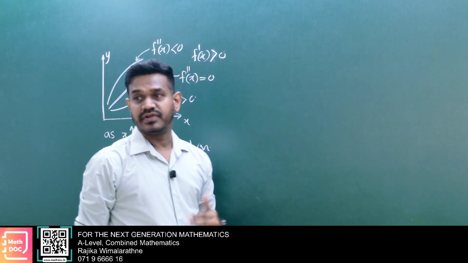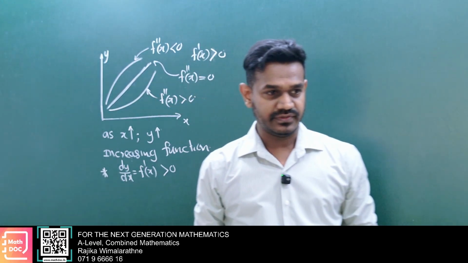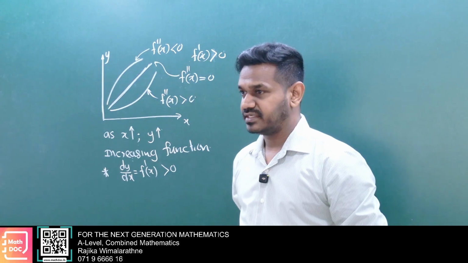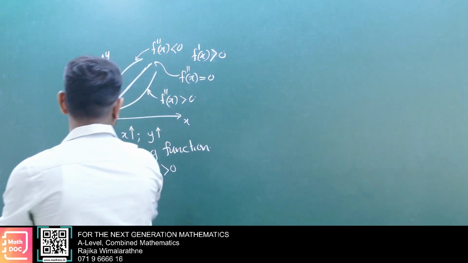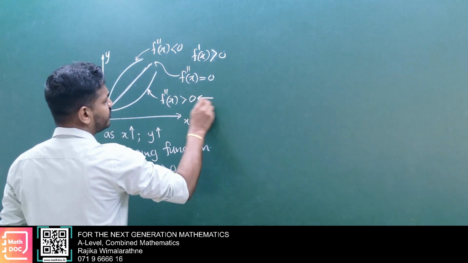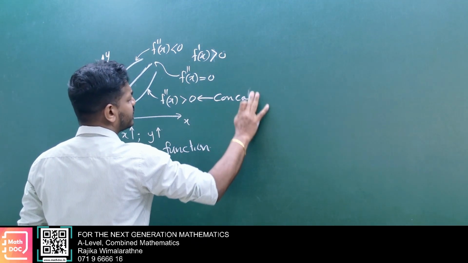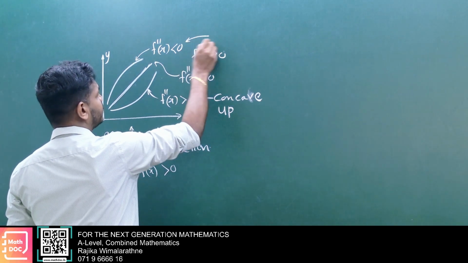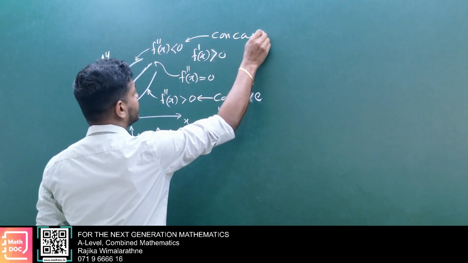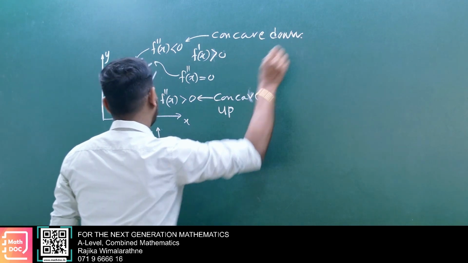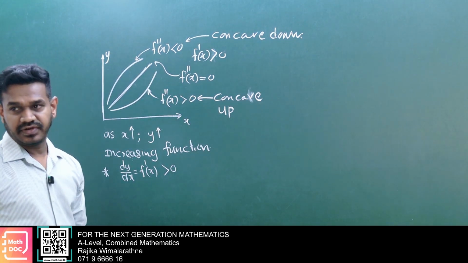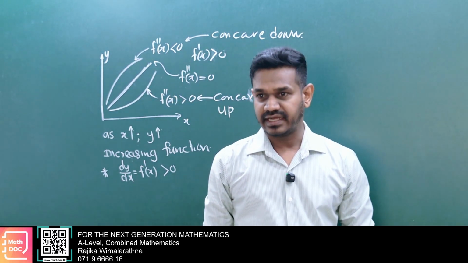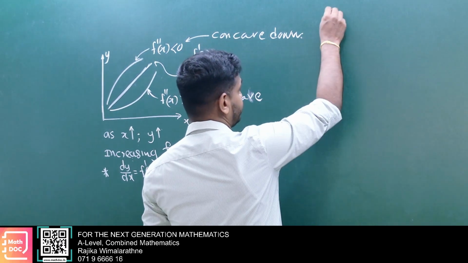For each case, for an increasing function, surely the first derivative is positive. Then the second derivative can be different. That is for increasing functions. So the derivative represents its gradient.